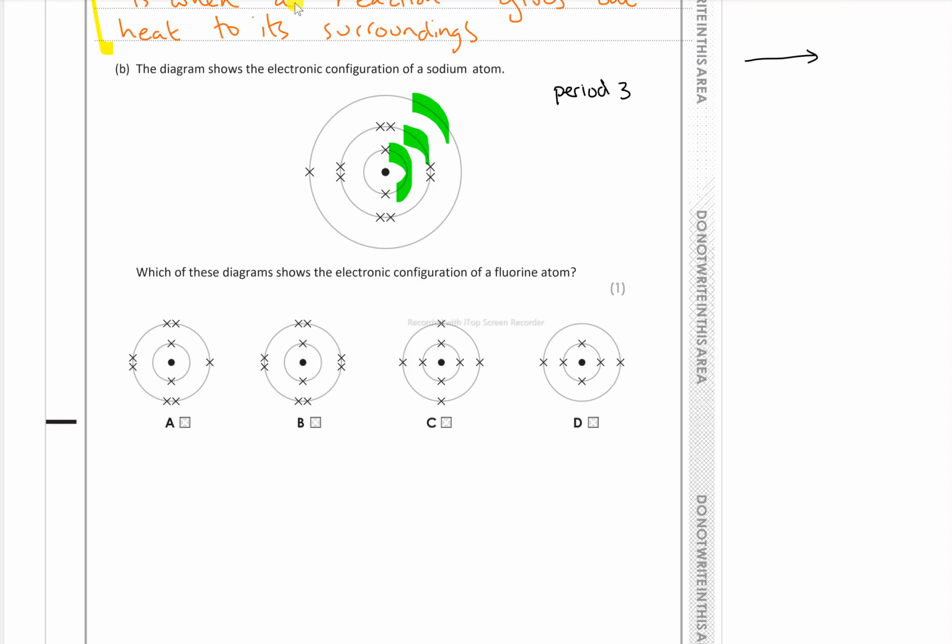Remember, periods run across that way, and if you run downwards, they are called groups. Across are the rows, the columns are called groups and the rows are called periods. Periods tell you how many shells you have, how many electron shells. So because this has got 1, 2, 3, it's in period 3.